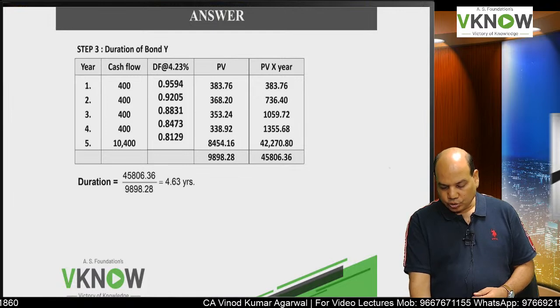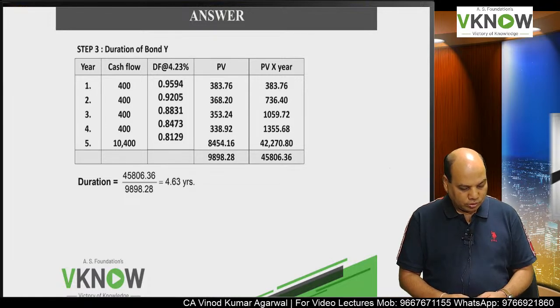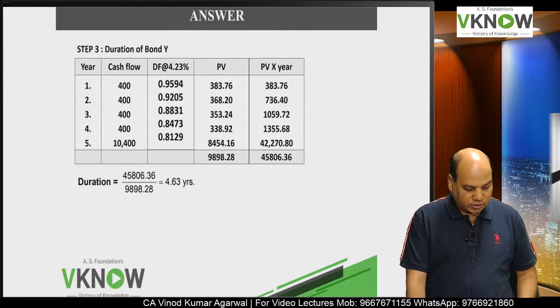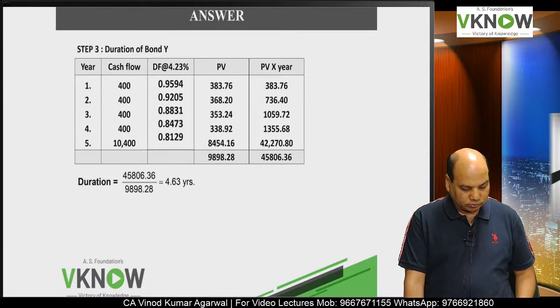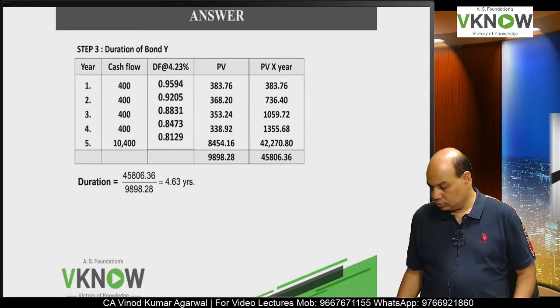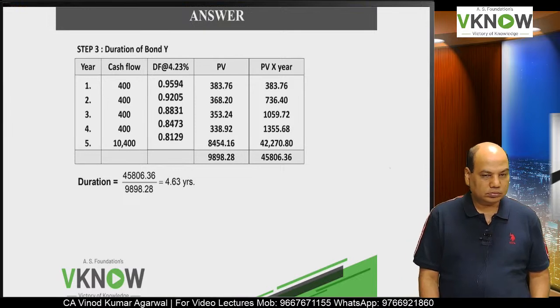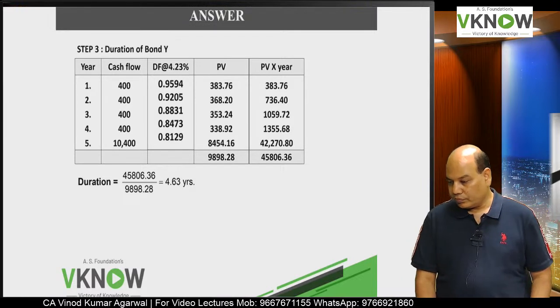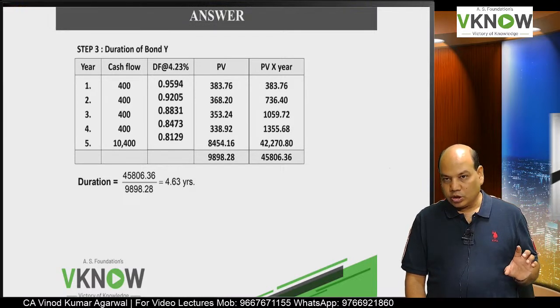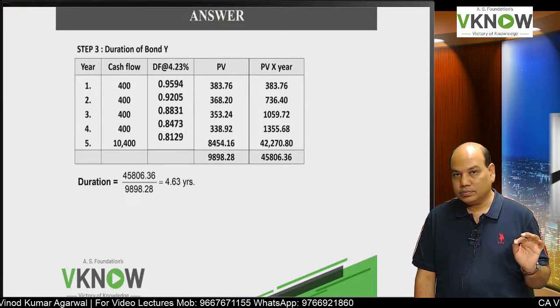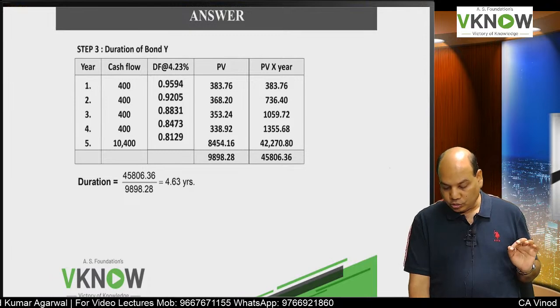Therefore, duration will be equal to 4.63 years. Correct? Now, which bond has lower duration? Bond X has lower duration. So, what will you do?